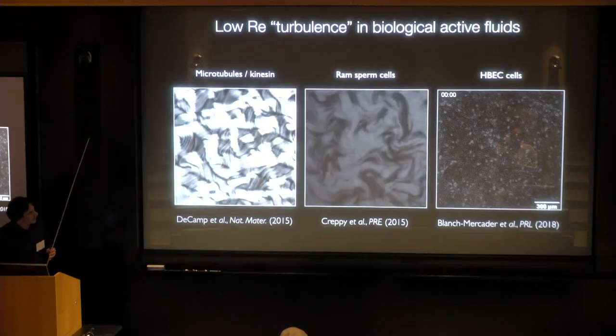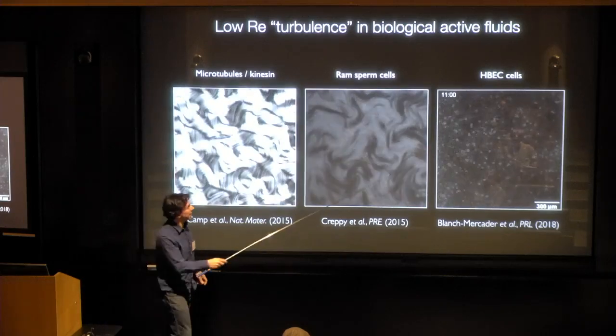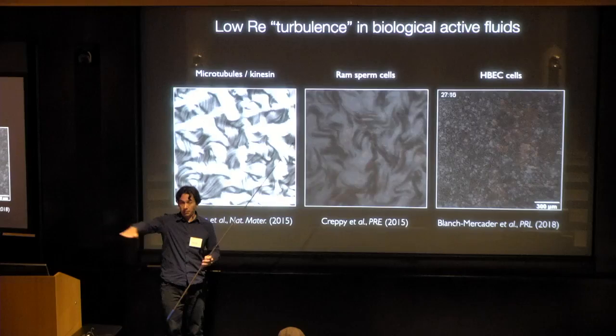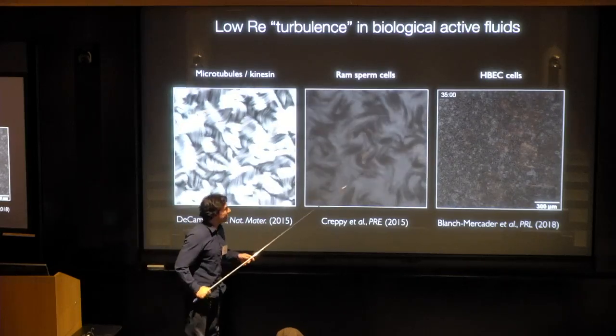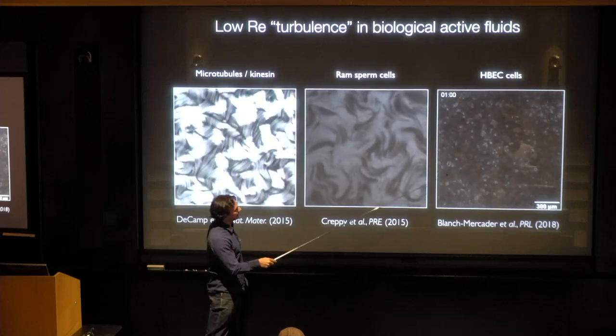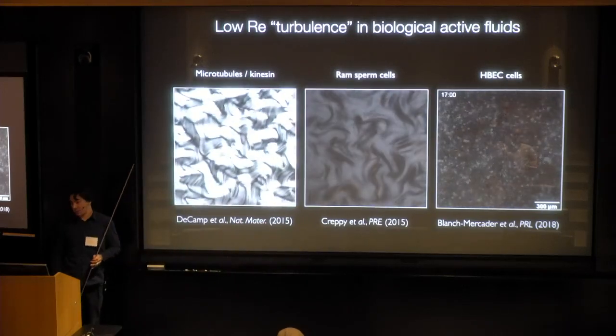And finally, the last piece of work, which is much more recent: these are human bronchial epithelial cells. Those are cells that are plated on a 2-dimensional substrate. It's a different kind of turbulence. It's a decaying kind of turbulence. As you can see, the cells eventually come to a rest, and yet they do display similar patterns.